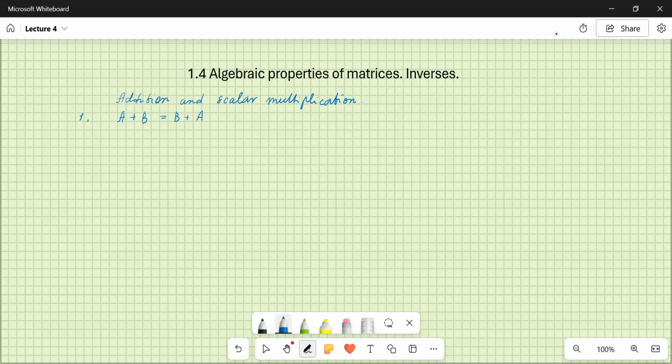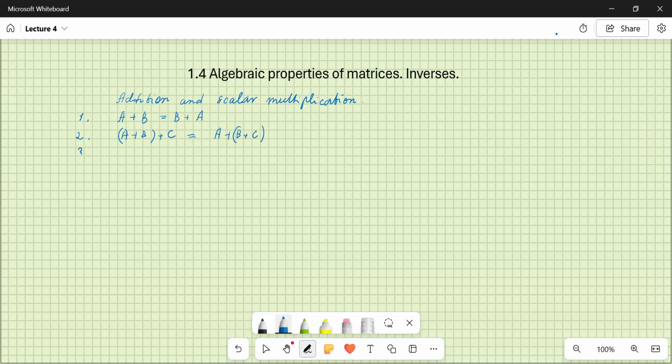And the minus is going to be the same. Also, for addition, we are going to have associative law, so A plus B plus C equals A plus B plus C, right? We can put parentheses which way we like.